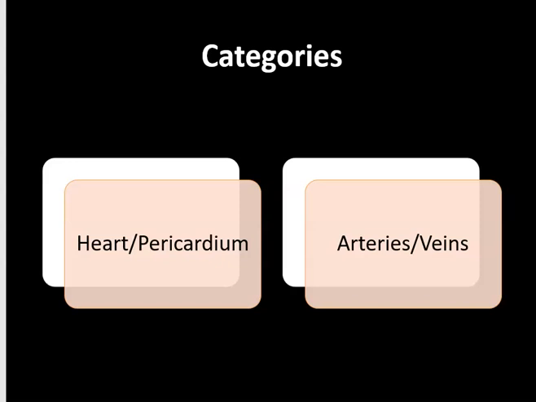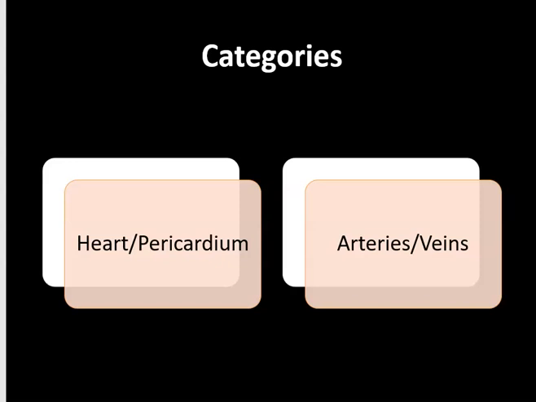So patients that are going to be receiving services in the 30,000 series, specifically, let's talk about heart and pericardium, generally have some type of heart disease, also known as cardiovascular disease. And generally with heart disease or cardiovascular disease, we're talking about a range of conditions that can affect the patient's heart.